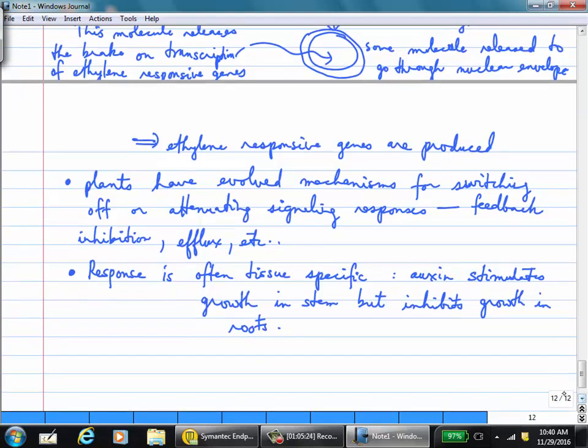Also, as I have been emphasizing, there's a lot of crosstalk that goes on between different pathways. So these signaling pathways do not act in isolation. They interact with each other, and therefore there is a need for a multivariate analysis of these different pathways.